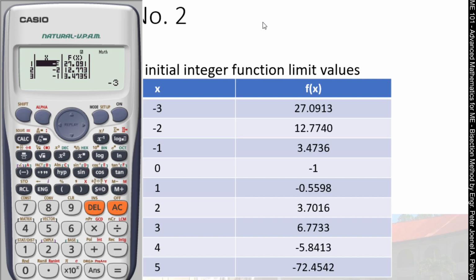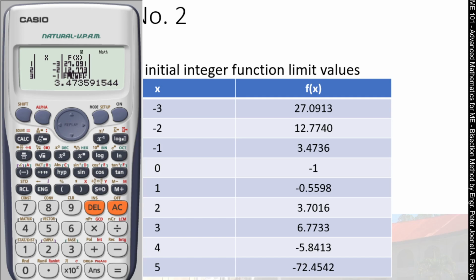Okay? So, check natin kung tama yung table niya. Negative 3 is 27.0913. Negative 2 is 12.774. Naka-round off na kasi yan, 7740 kasi pag ni-round off mo yan, magiging 7740.